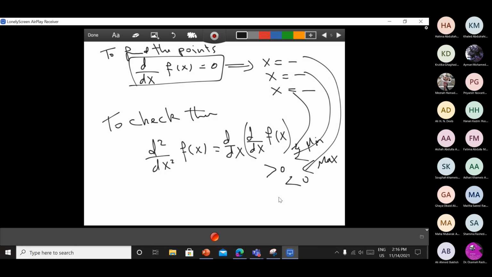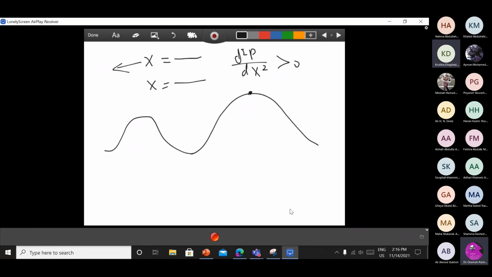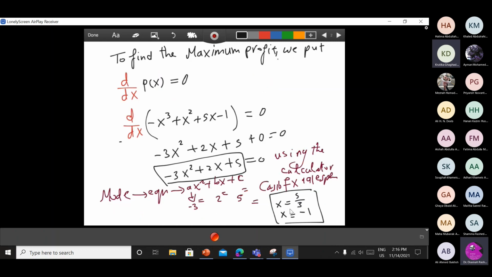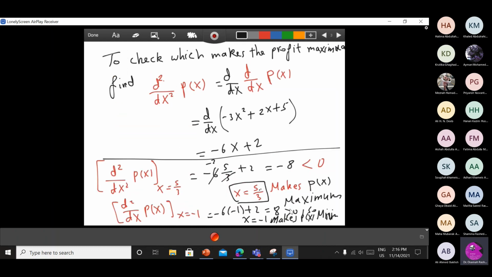Catch it? Doctor, if it is negative, why is it maximum? Sorry? If the answer we're getting is negative, why? The answer for what? For the second derivative, not for the original function. The negative and positive are for the second derivative.